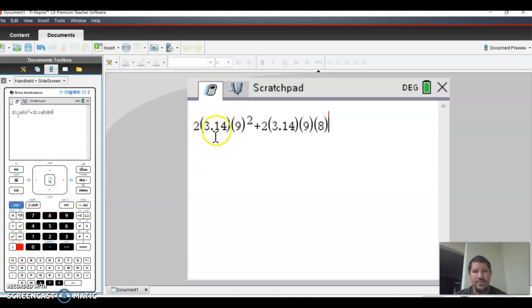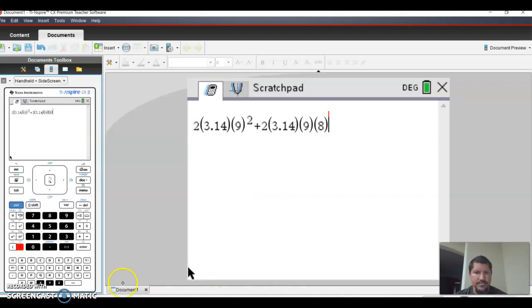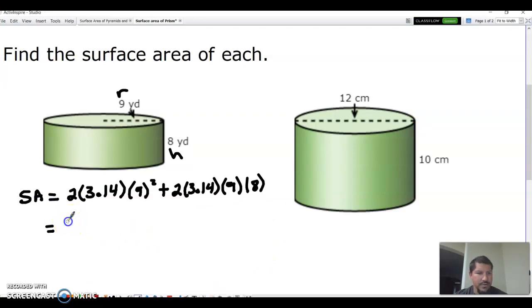So that's 2 pi r squared plus 2 pi rh. Which gives me 960.84 yards squared.